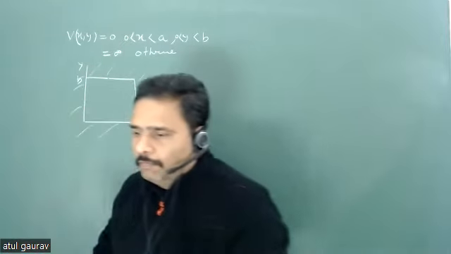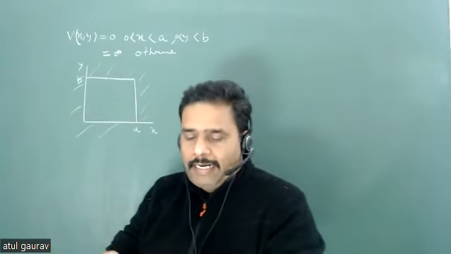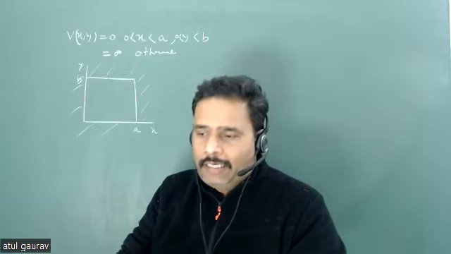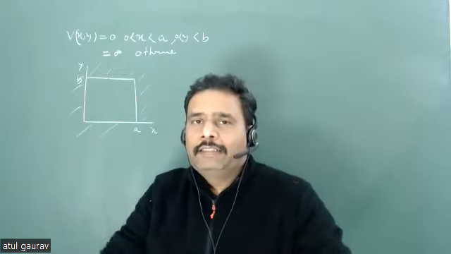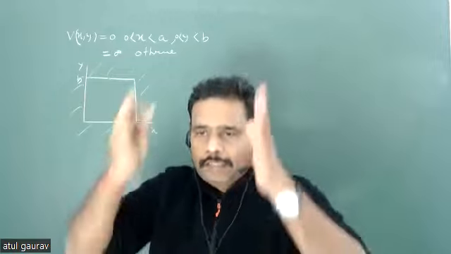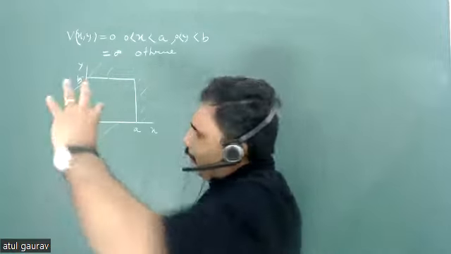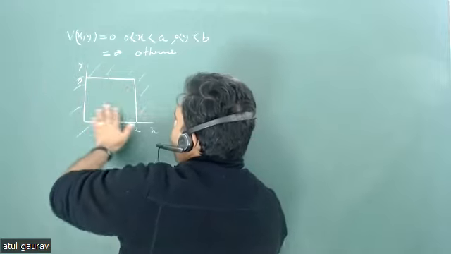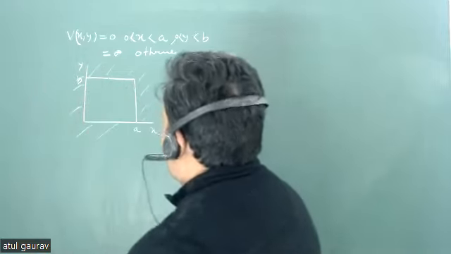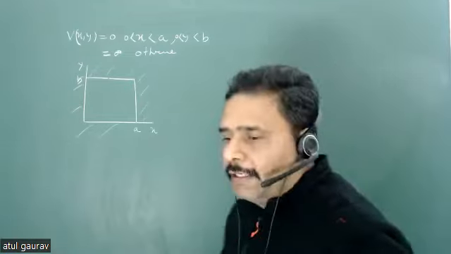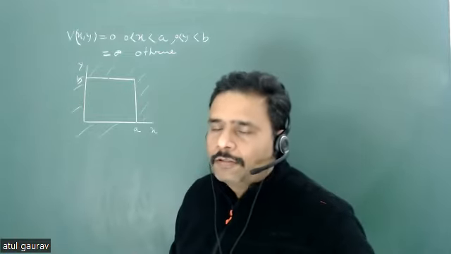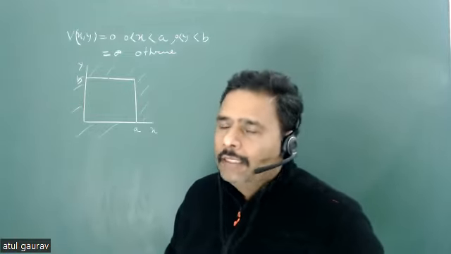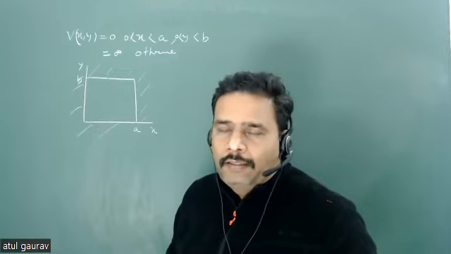You can assume that in this plane we have x and y, and on this particular axis we have the potential axis. Okay, so this is your potential axis. The particle is free inside this box. So the particle is still a free particle inside this box, and we know all the nature of a free particle.